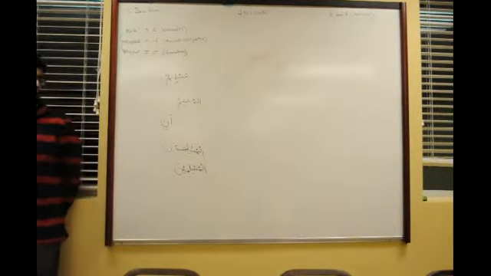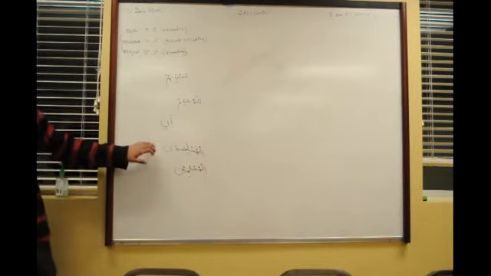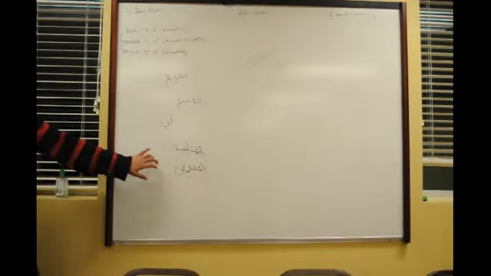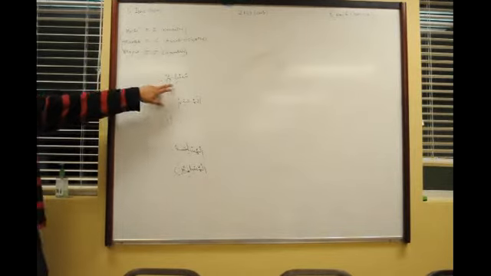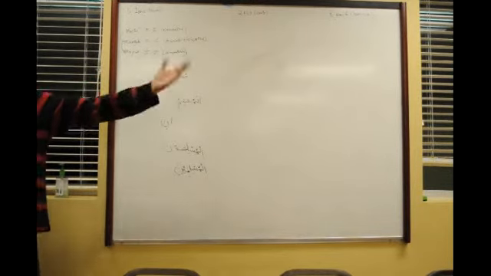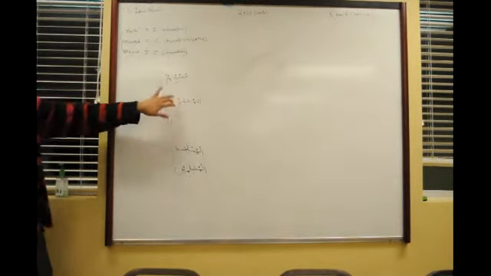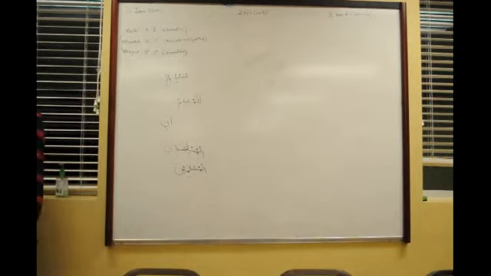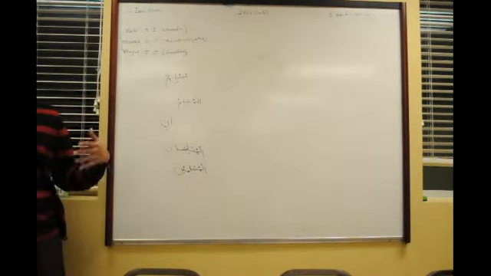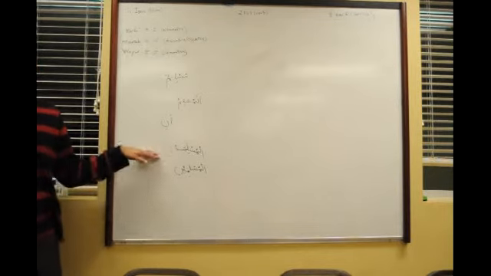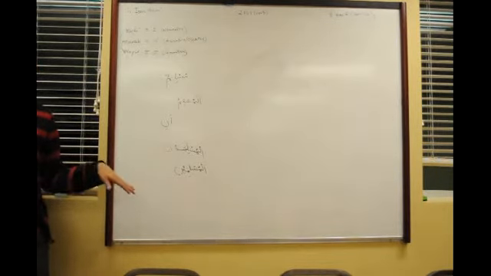You notice how the noon ending doesn't change. We said that when you have Muslimun, if I want to make it mansub, I put Musliman. If I have al-Muslimu, I want to make it majroor, al-Muslimi. That's the basic rule.